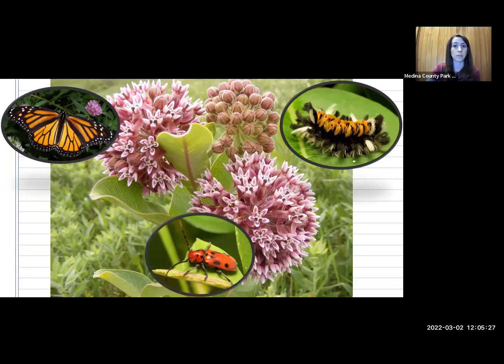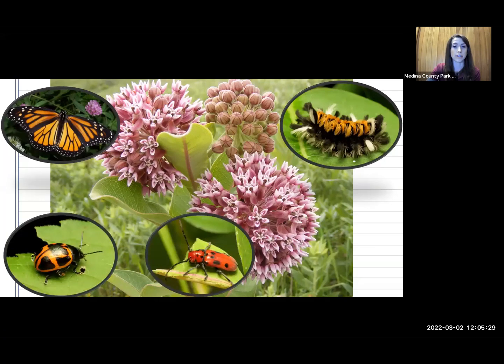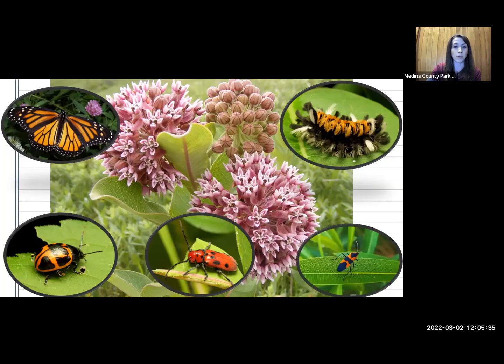We have the milkweed beetle, the swamp milkweed beetle, and the milkweed bug. These are all specialists on these plants. Without those plants, if their habitat is endangered, if we see these invasives moving in and crowding them out, these insects will not survive. They absolutely rely on them.